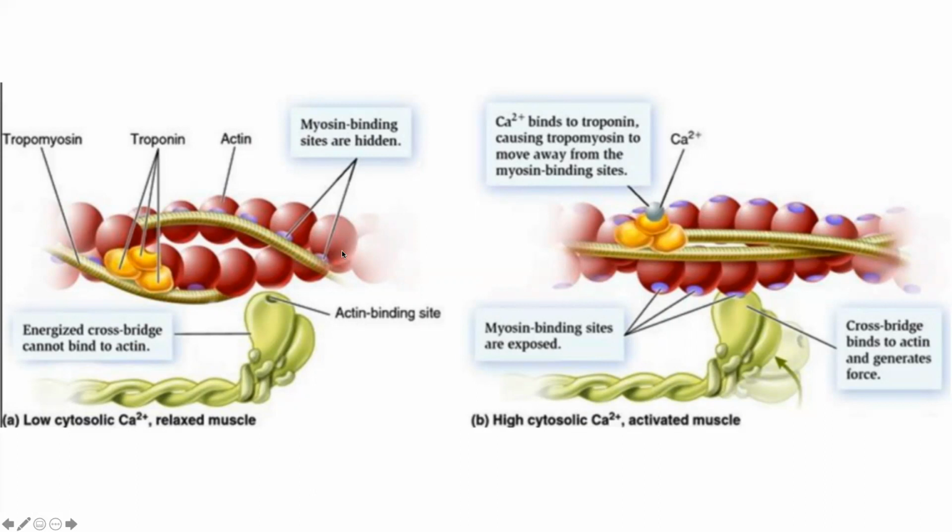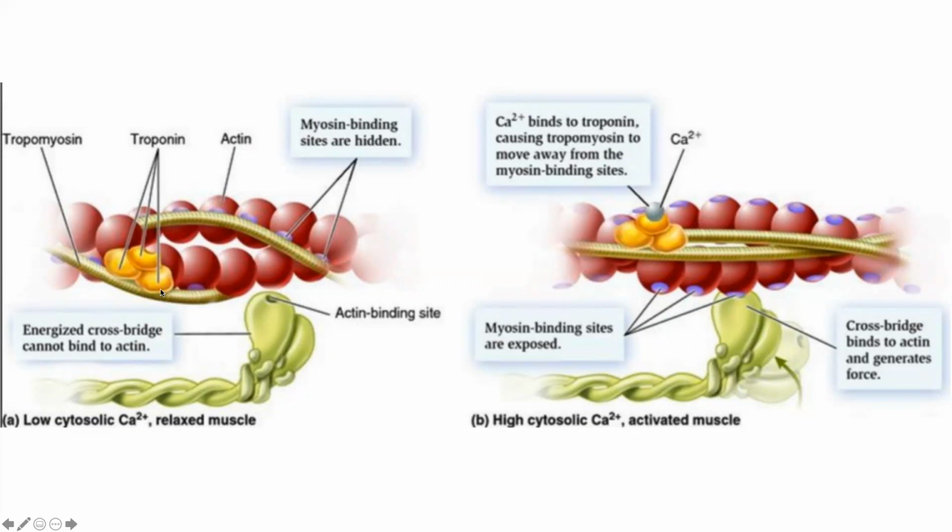When the muscle is relaxed, the tropomyosin, which spirals around the actin, blocks and covers the myosin binding sites on the actin. And we have a structure called troponin, which sits very close to the tropomyosin.